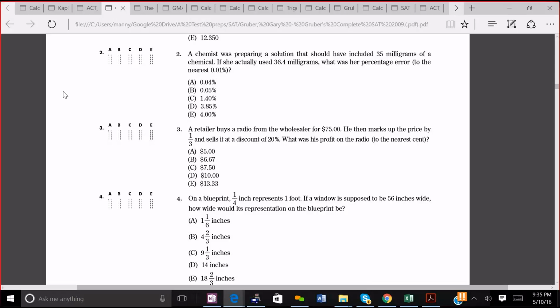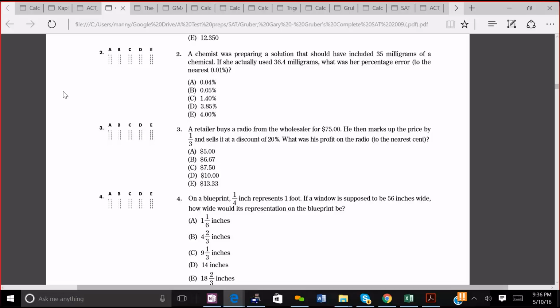Okay, so change over original equals percent. The change is 36.4 minus 35.